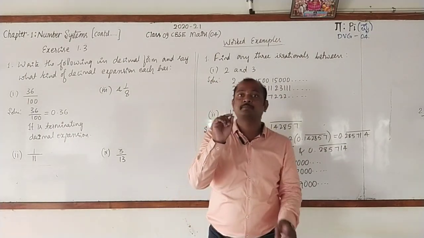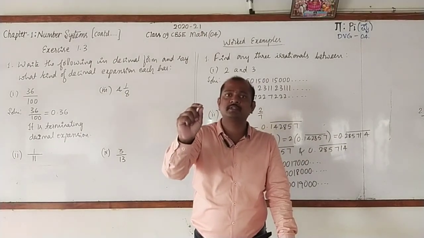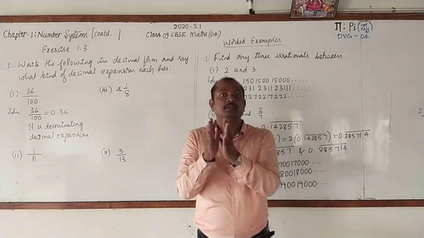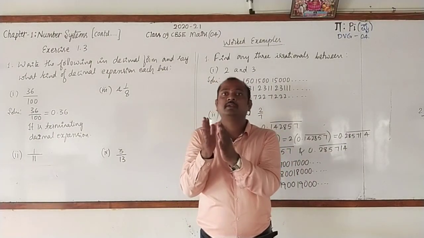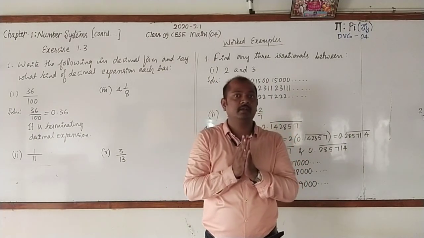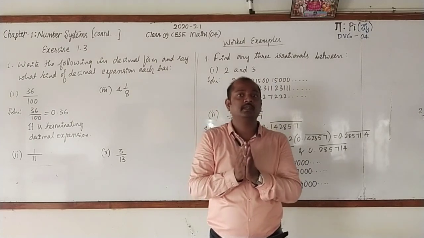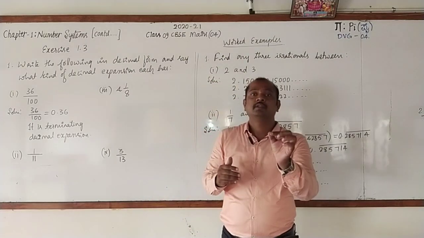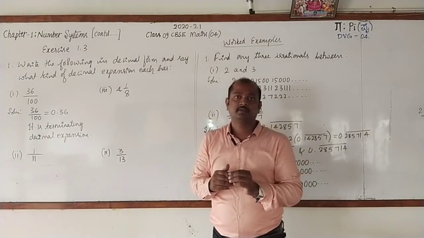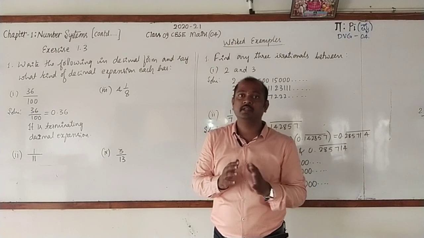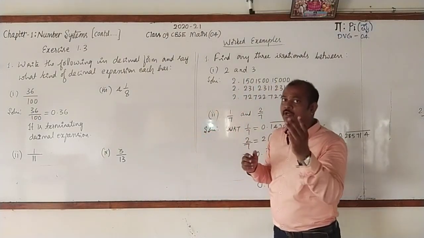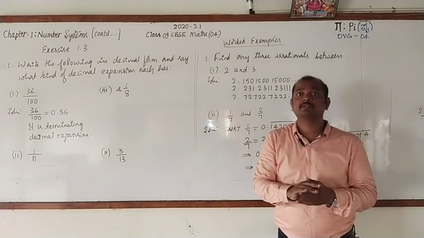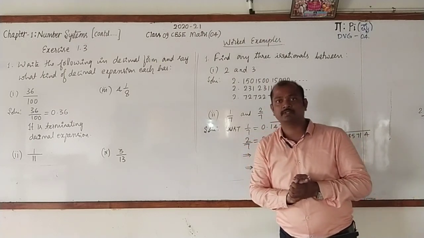That is expressing a decimal number in the form of P by Q. The decimal number may be terminating or non-terminating recurring. Second important thing is the condition for these decimal numbers being terminating or non-terminating recurring. And the third important point is finding irrational numbers between two rational numbers.